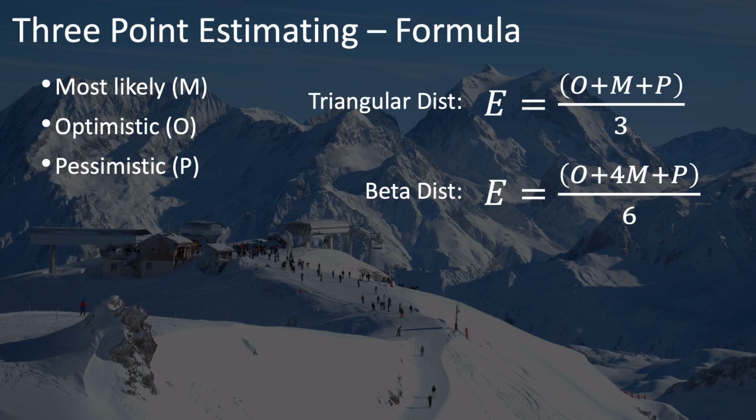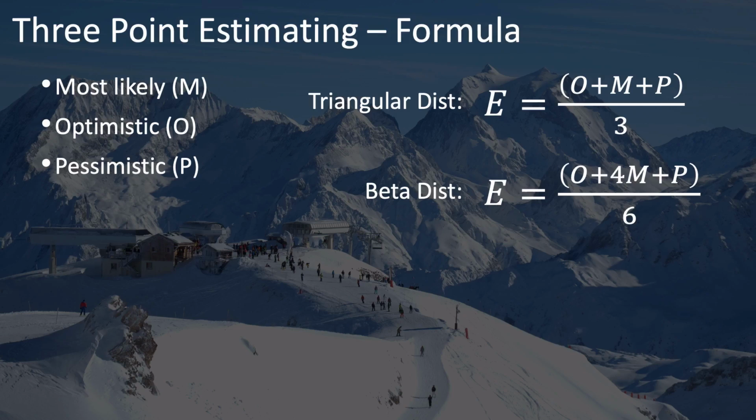You then average these in one form or another using different distributions depending on how much you want to weight these different estimates. The triangular distribution is one in which you just do a simple average. You add up these three estimates and divide them by 3.